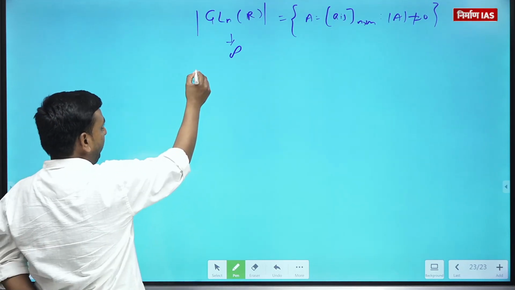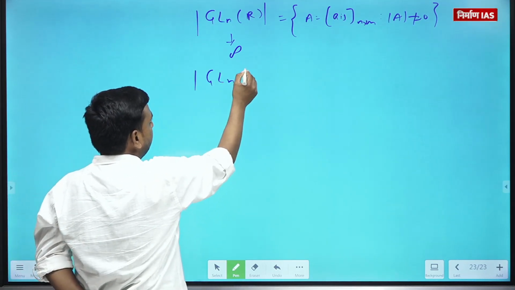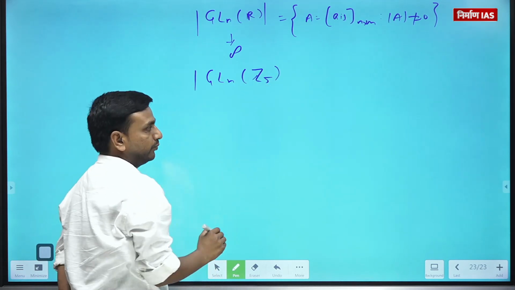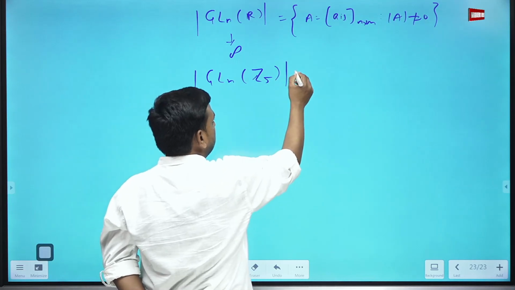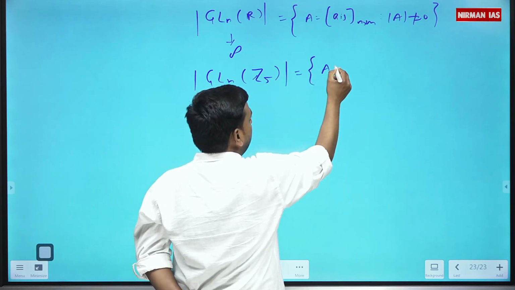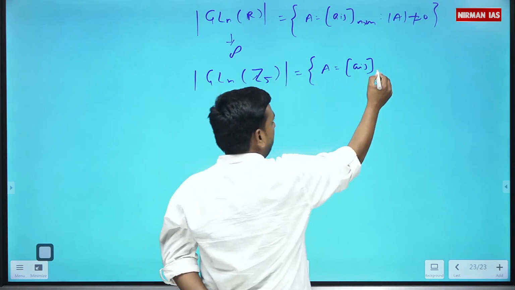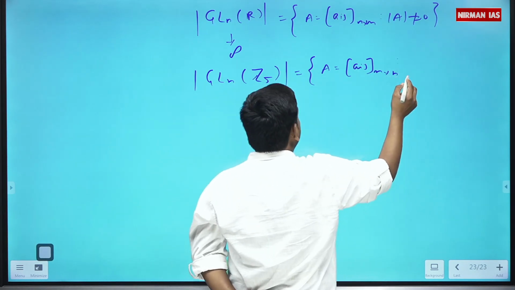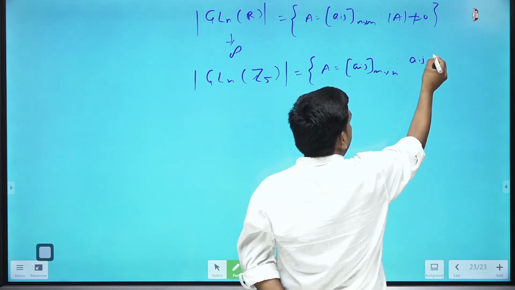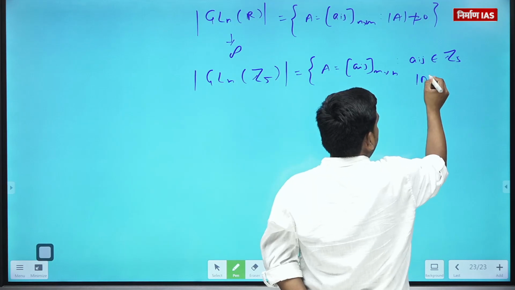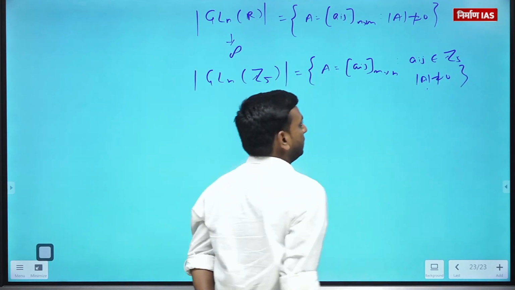If I fix it, suppose I say GLn(Z5), it will be A equals (Aij), the collection of all those n by n matrices for which entries come from Z5, with the determinant obviously non-zero.